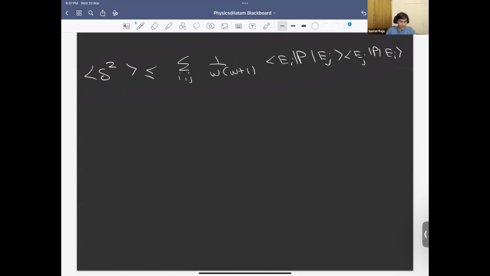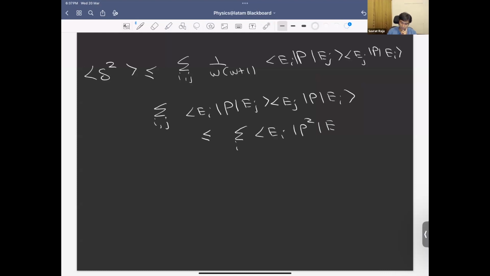Okay. However, notice that this EJ looks like a sum over a complete set of states, but in fact it's not a set of complete states, because this EJ is just running over the microcanonical density matrix. So this sum, because this is some positive operator, you can check that this is in fact smaller than or equal to sum over I, EI, P squared, EI.